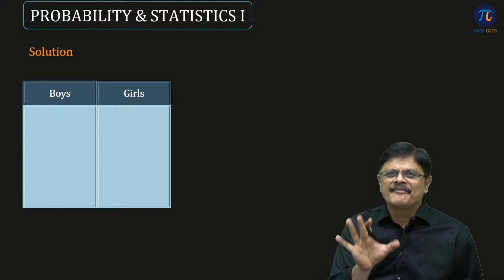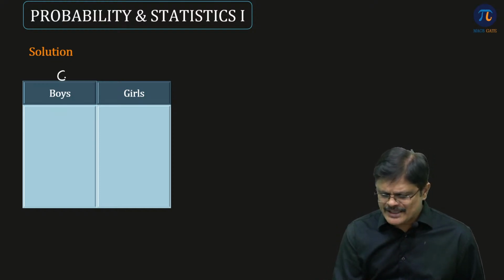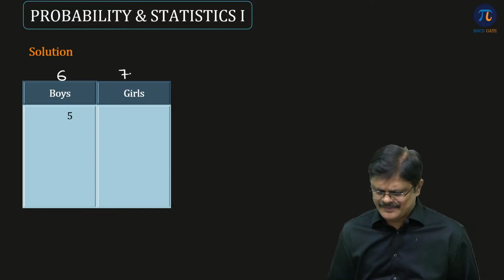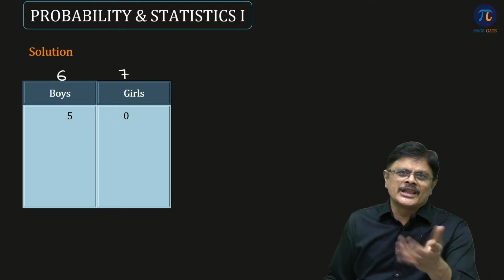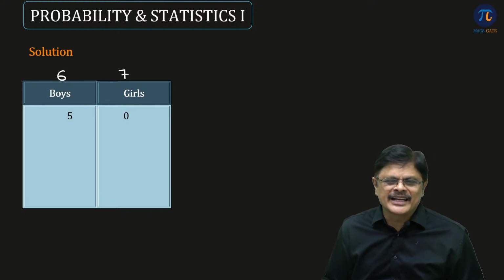If you are selecting 5 from 6 boys and 7 girls, the possibilities are, you may select all 5 boys and not select any girl.